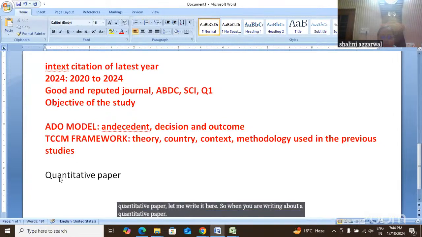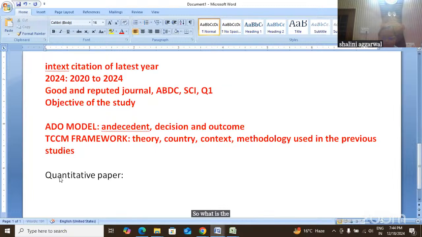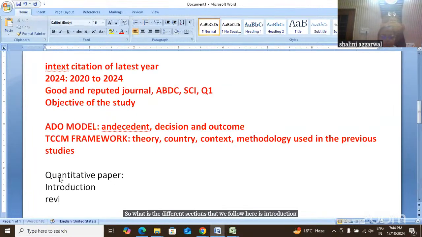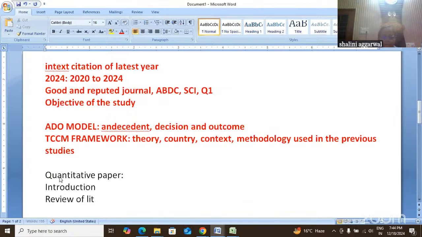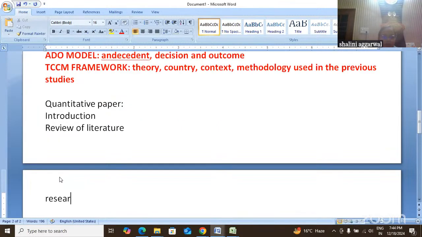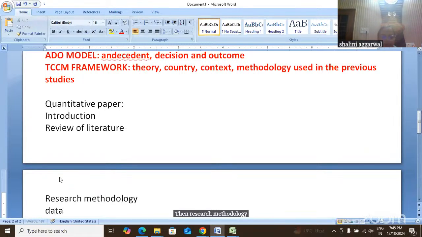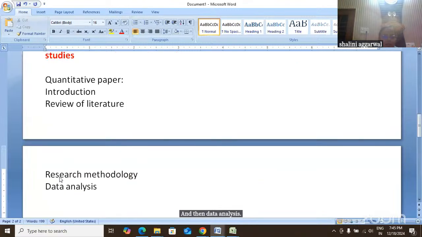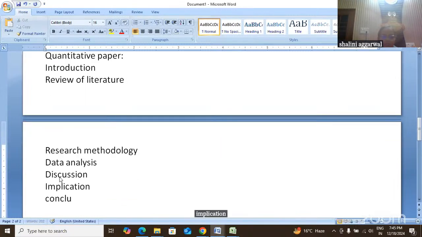When you are writing a quantitative paper, the different sections that we follow are introduction, then review of literature, then research methodology, and then data analysis, discussion, and implications, and last the conclusion.